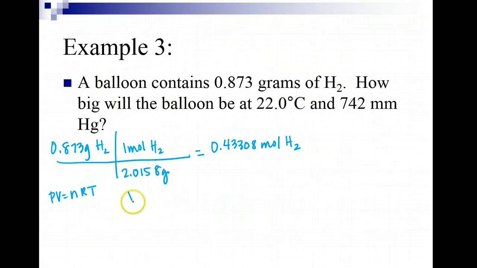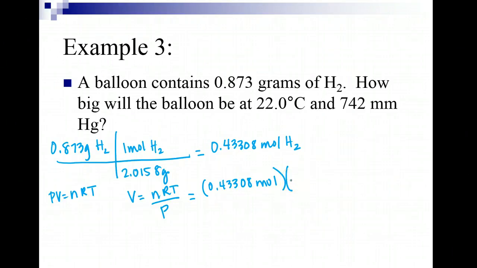So rearranging, getting V by itself, I would have nRT over P. And making our substitutions with our values, 0.43308 moles.